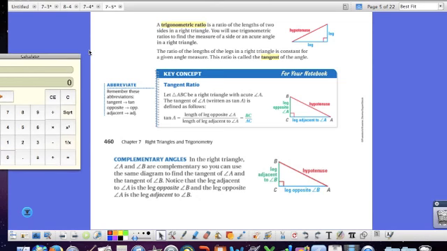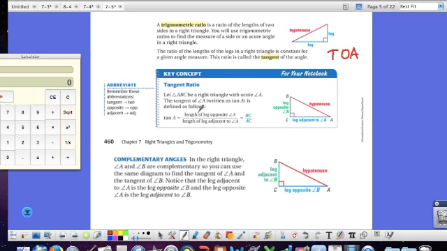A trigonometric ratio is a ratio of the lengths of two sides in a right triangle. You will use trigonometric ratios to find measures of sides or acute angles in a right triangle. The ratio of the lengths of the legs in a right triangle is constant for a given angle measure. This ratio is called the tangent. So basically, to find the tangent, remember I told you you're using TOA.